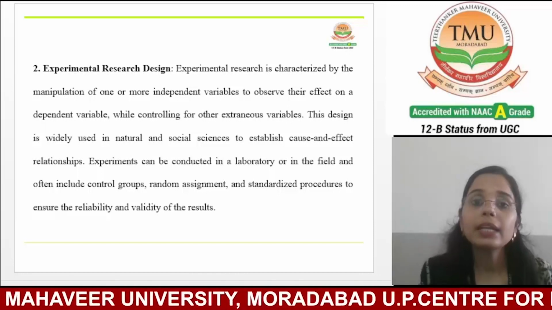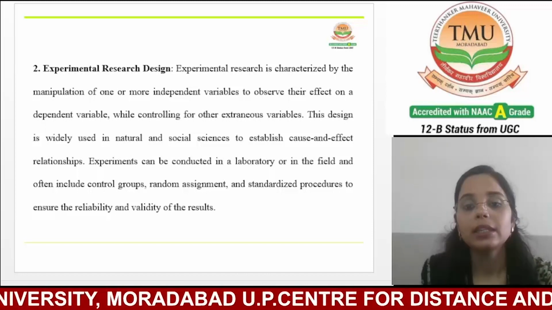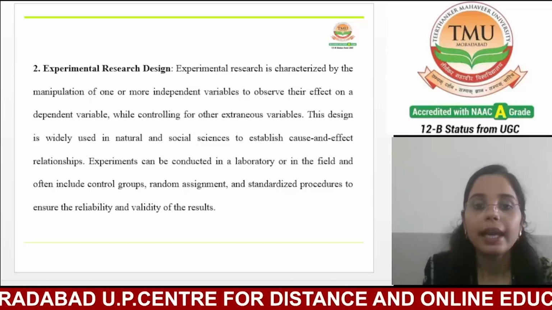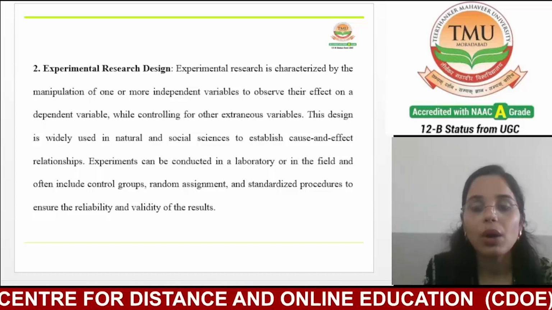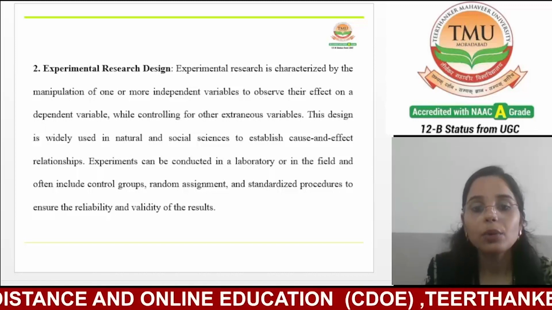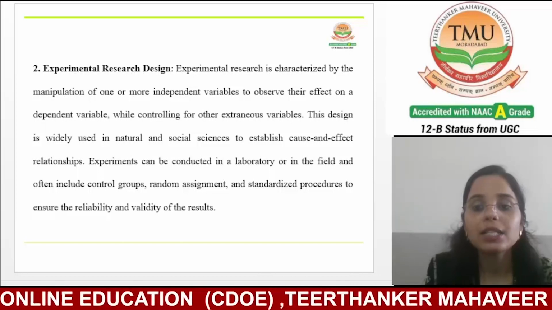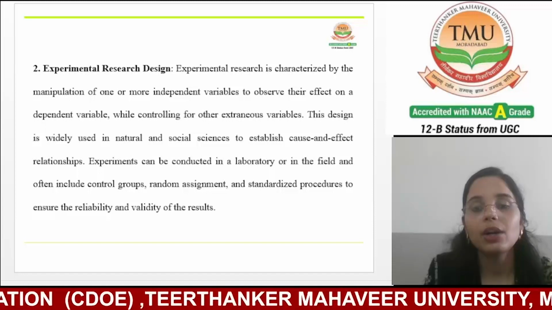So this design is widely used in the natural and social sciences to establish a cause and effect relationship. Experiments can be conducted in a laboratory or in a field and often include control groups, random assignments, and standardized procedures to ensure the reliability and validity of the results.